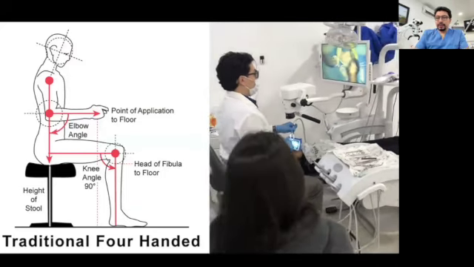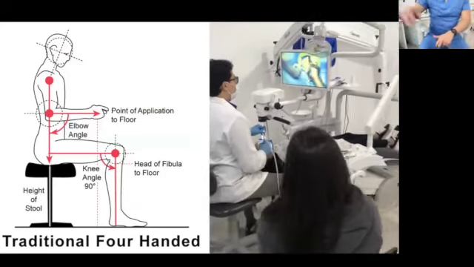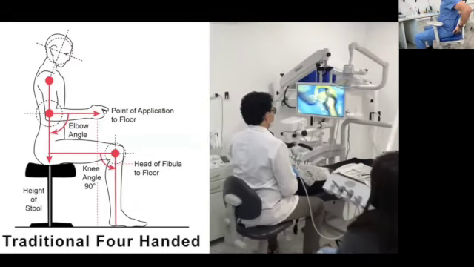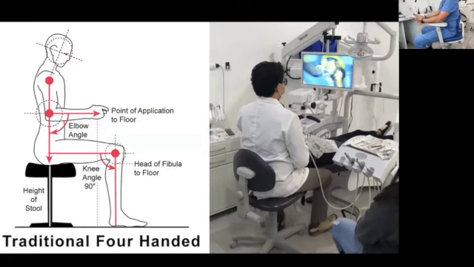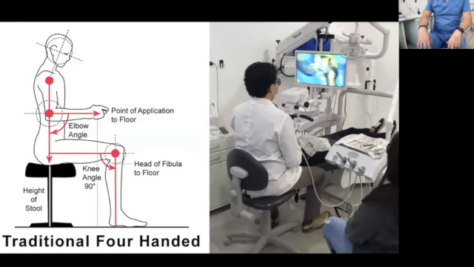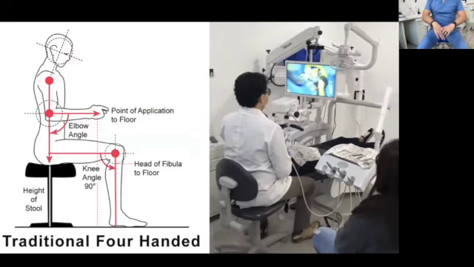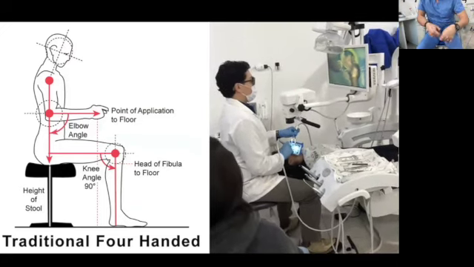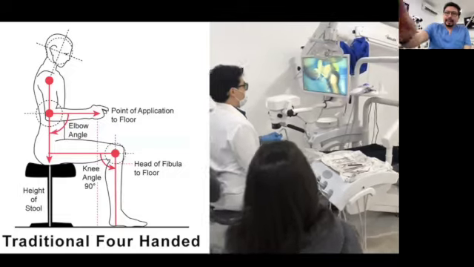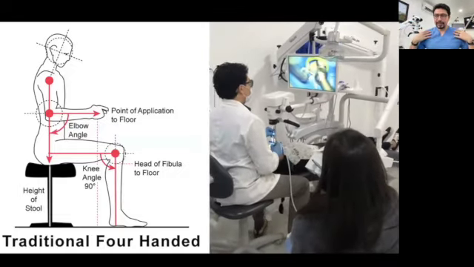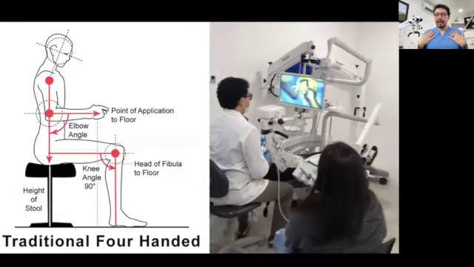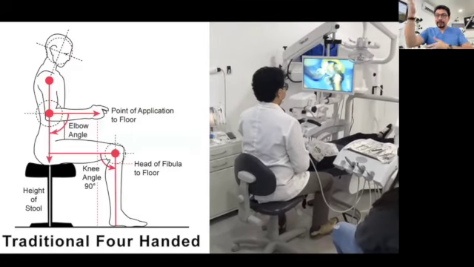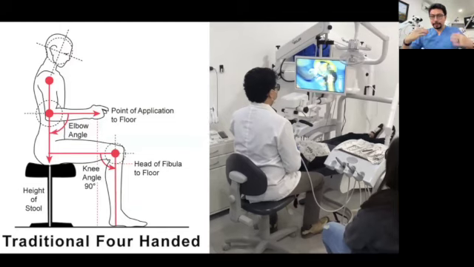And the position, as you can see now, I'm working with this ergonomic chair, which has a back support and arm support. It's very comfortable to work with. It provides support to the arms for working in this way, and it decreases the possibilities of having musculoskeletal disorders in the shoulders and in the elbows.